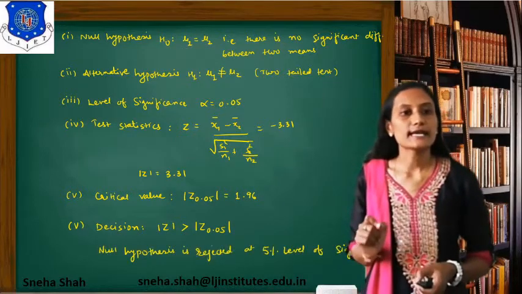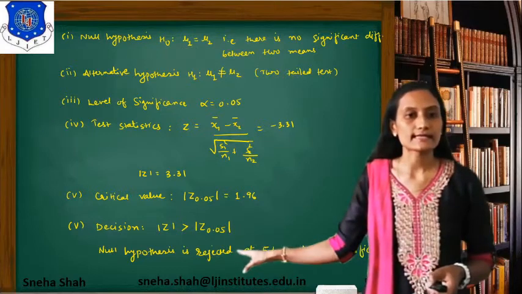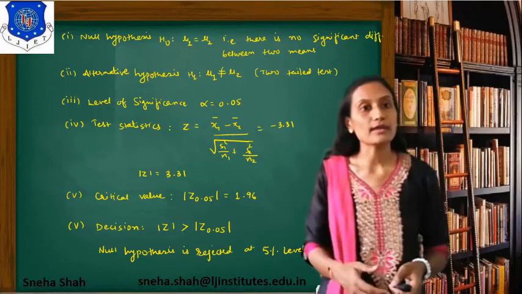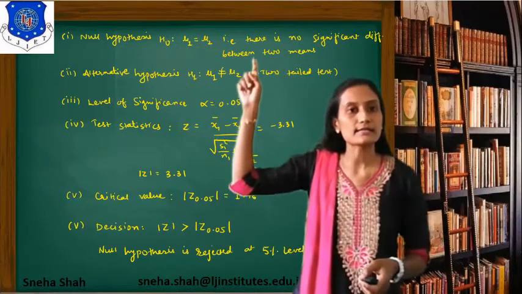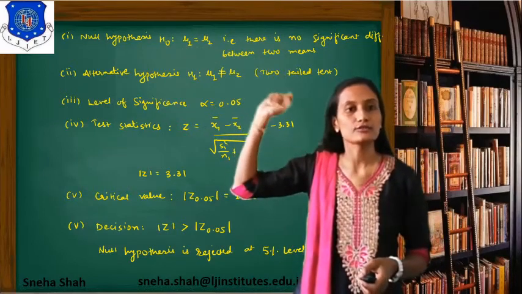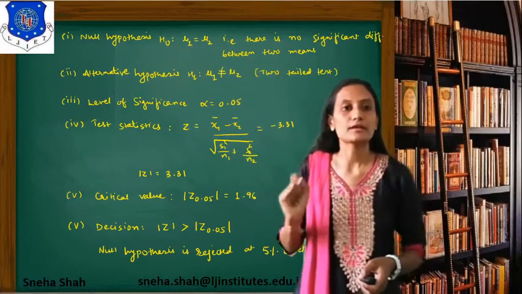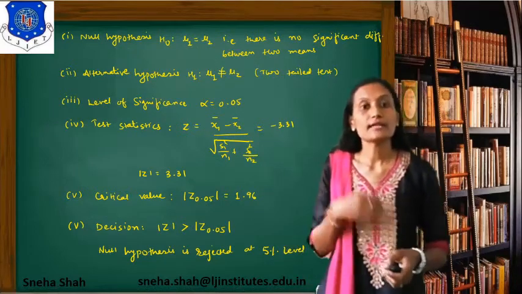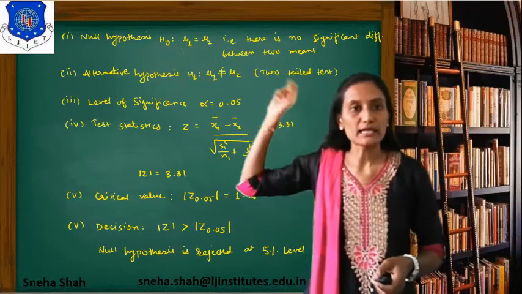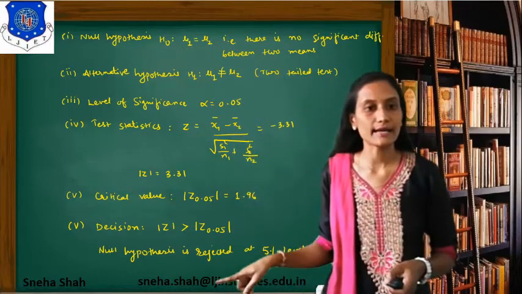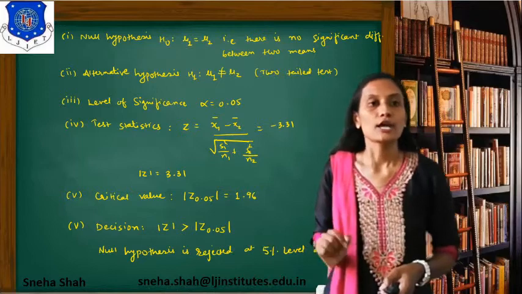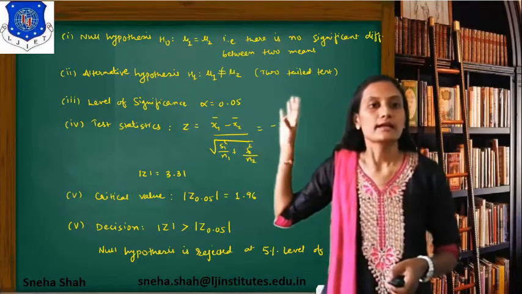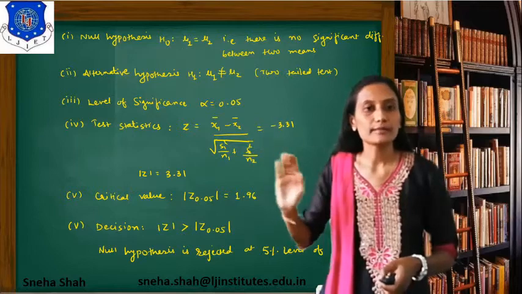So the null hypothesis is rejected at the 5% level of significance. What we assumed in the null hypothesis was that there is no significant difference between the two mean values. Since the null hypothesis is rejected, there is a difference between the two mean values. So for this particular example, the mean values are different.